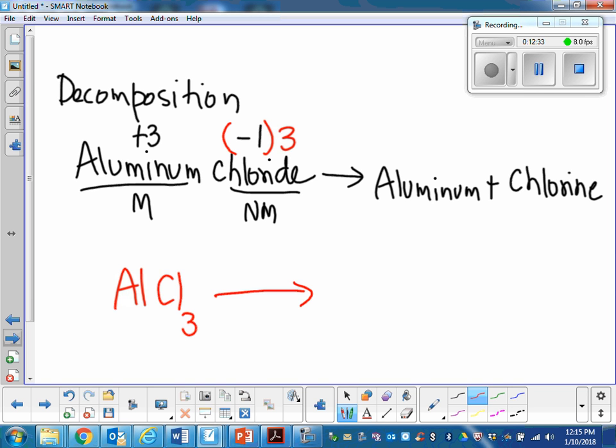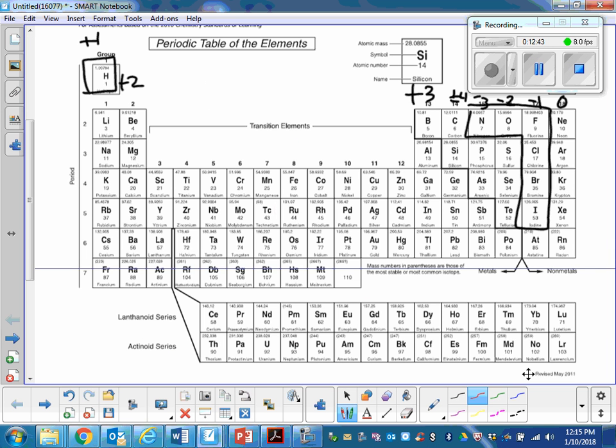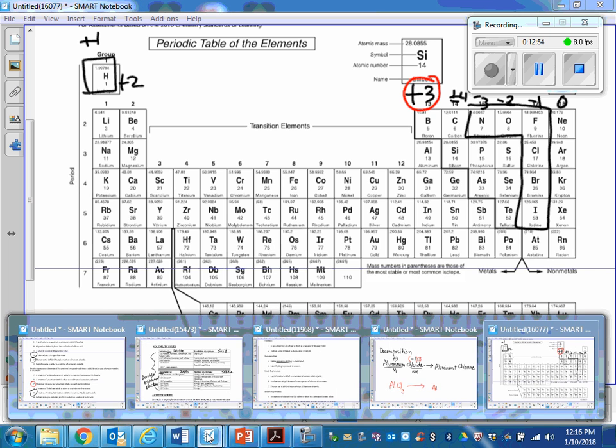All right, Mike. Moving on. How do I write aluminum? Al. So here is a question for the entire class. Aluminum on the periodic table has a charge of what? +3. Is everybody listening? This is a very common mistake on all my tests and quizzes for which kids lose points.